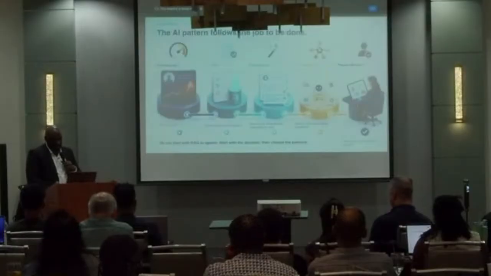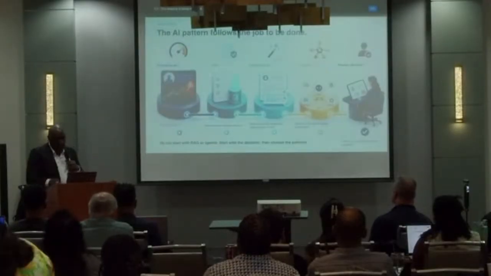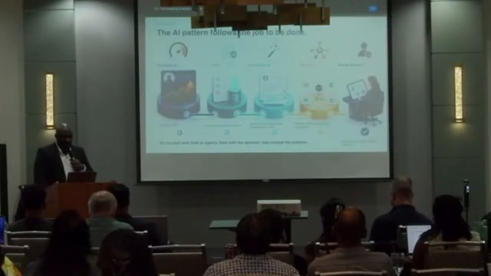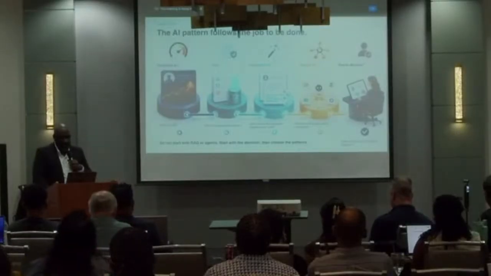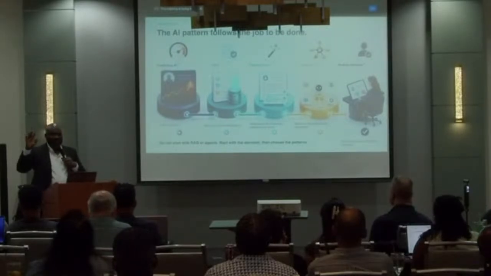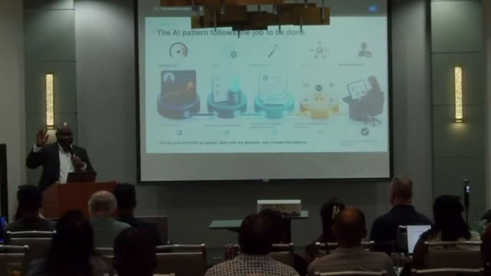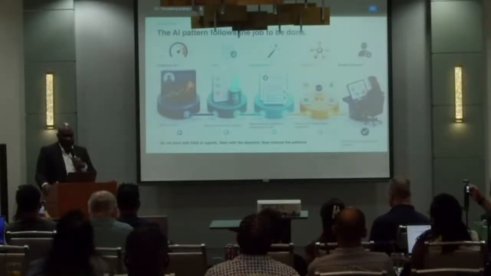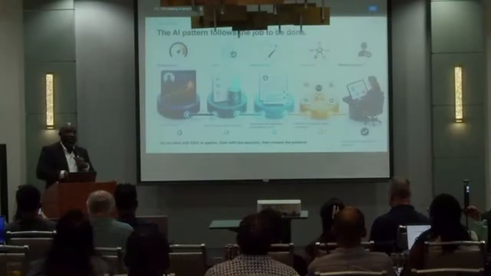All right. So AI patterns follow the job to be done, right? So we have predictive AI, who is at risk. And we all saw RAG in the quiz, right? How many of us knew what RAG was just before the quiz or during the quiz? Beautiful. So RAG is really important in this age of AI because LLM models are trained on several data sources, but you want to provide much more context.